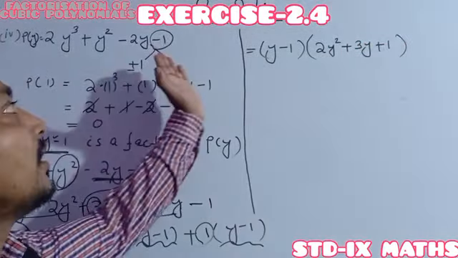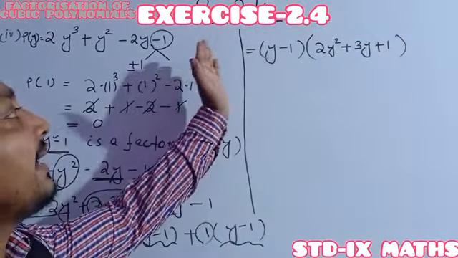Now the total polynomial is reduced into the product of a linear polynomial and a quadratic polynomial. See, it is already in the simplest form, otherwise the irreducible form. How to make it irreducible? Here the product should be 2 into 1, product should be 2, but the sum should be 3.